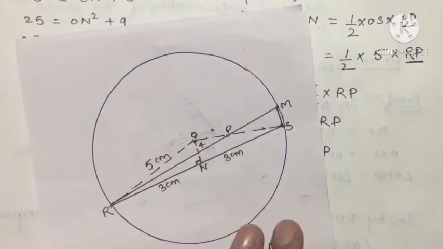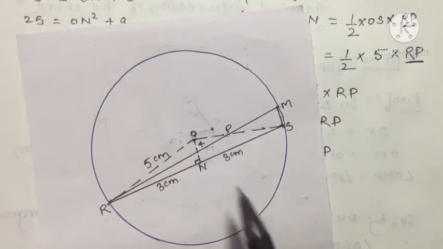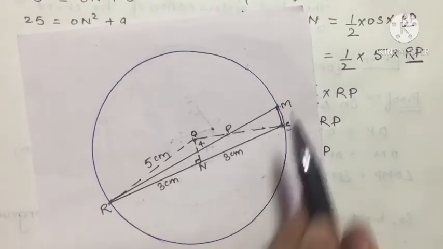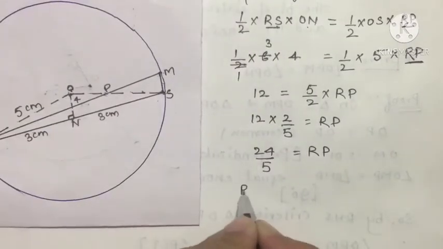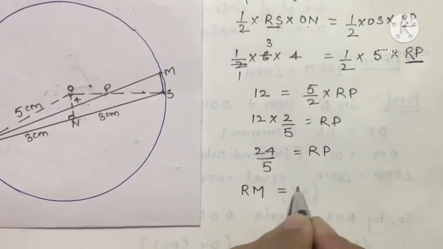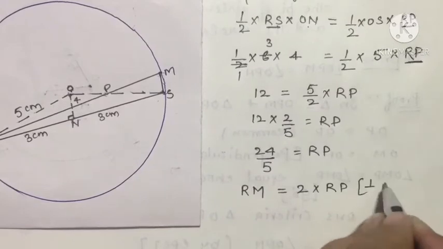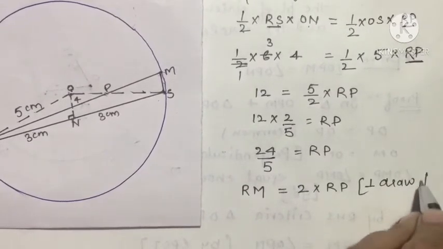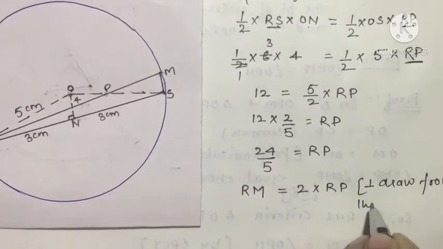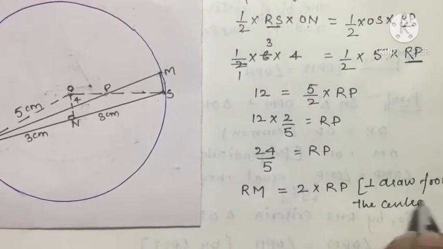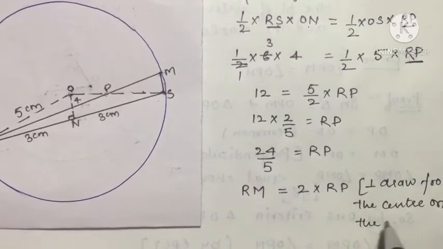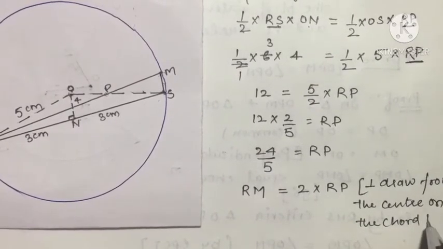But what is my question? What is my question asking me? They are asking me RM, and I told you RM is equal to twice of RP. Why? Because the perpendicular drawn from the center on the chord bisects it.